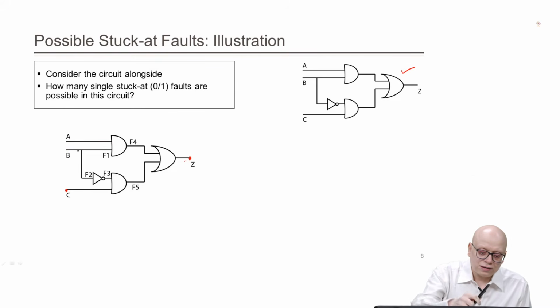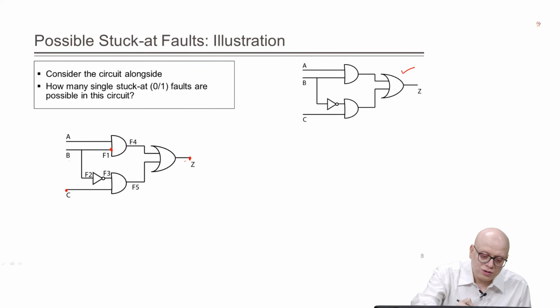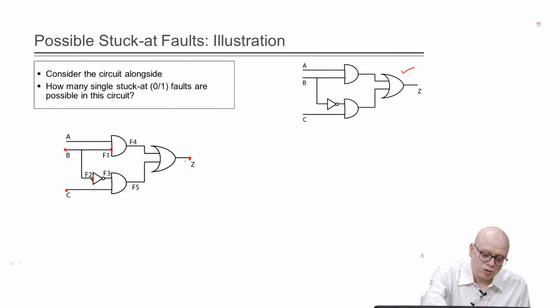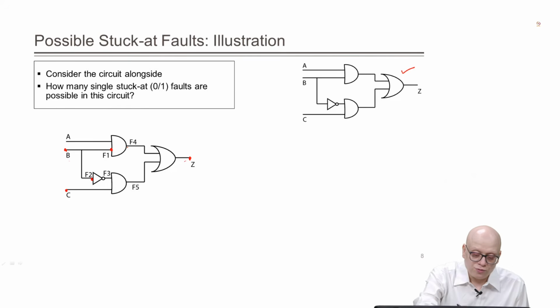And for the net which is connected to B, how many fault sites are there? One at this input and another at this one, and of course, the fault can also be at B. Now, for C, how many fault sites are there? Only one, because it has got a fan out of 1. Now, for F4 there is only one fault site, for F5 there is one fault site, and for Z there is one fault site. So, how many total fault sites are there?